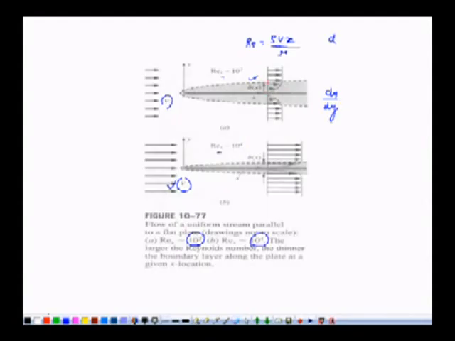Means there is more space to achieve velocity, so gradient will be less, and here we have a very small distance to achieve the same or high velocity, so du over dy will be very large. When du over dy is large in the second figure, then naturally it is multiplied by mu, the force will also be very large, right.